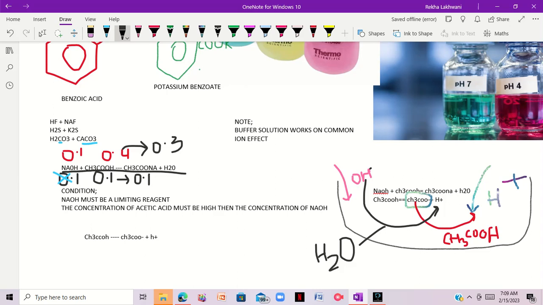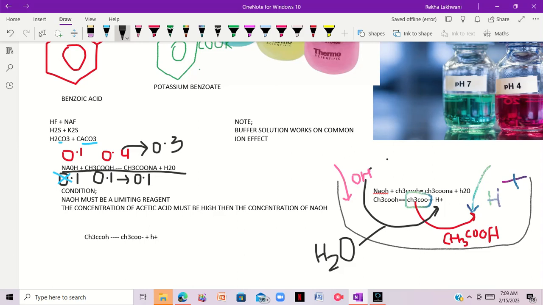Basically, you will now say that, okay, we know that this is acetic acid, right? This acetic acid has a negative charge and these H ions have a positive charge right over here, right? So this will form a neutral solution. Okay, we know this is a solution and from this reaction we got a salt of a strong base. Now what will happen? This salt of a strong base will also dissociate.